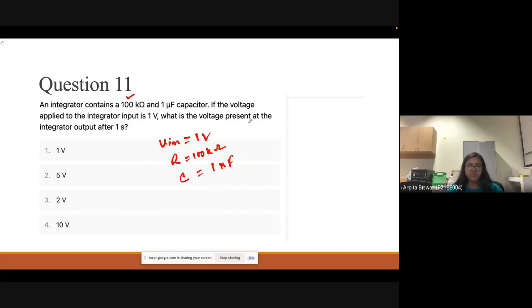So now tell me what is the value of V output after 1 second, and it is an integrator circuit. Try.